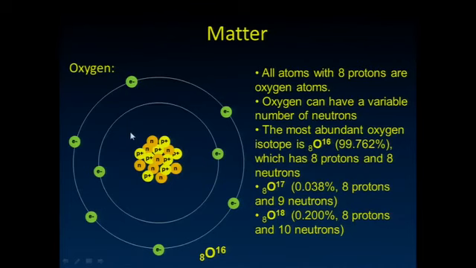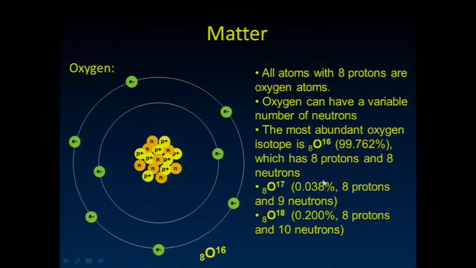So here's oxygen. All atoms with 8 protons are oxygen atoms, and oxygen can have a variable number of neutrons. The most abundant oxygen isotope is O16, 8 protons, 8 neutrons, and in fact 99.762% of all naturally occurring oxygen occurs in that form. There's O17 and O18, by the way. Both of these are stable. They don't undergo radioactive decay.